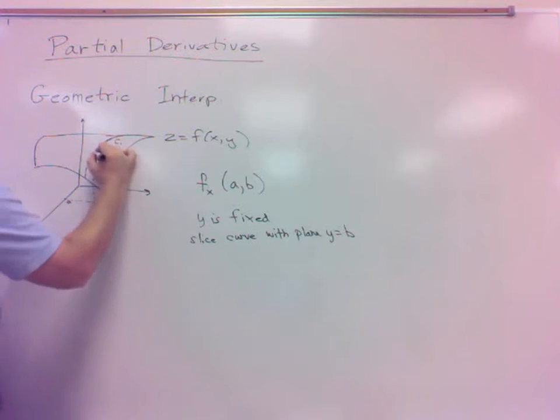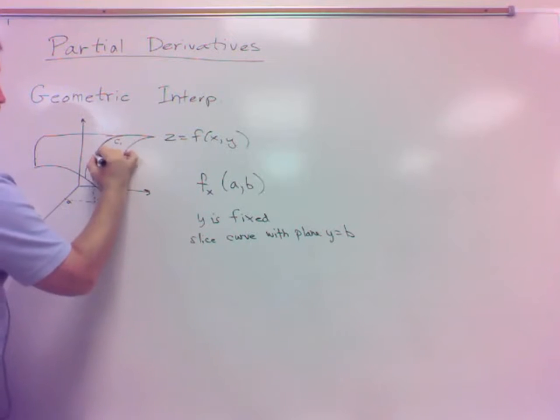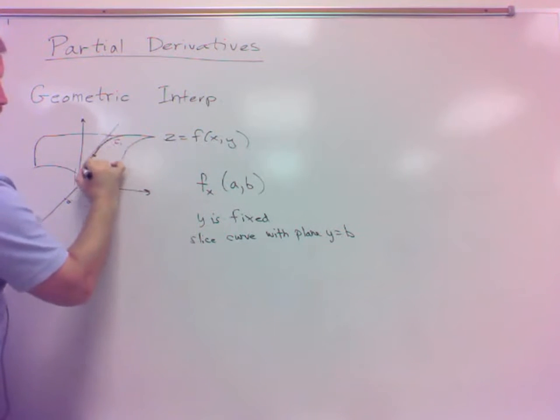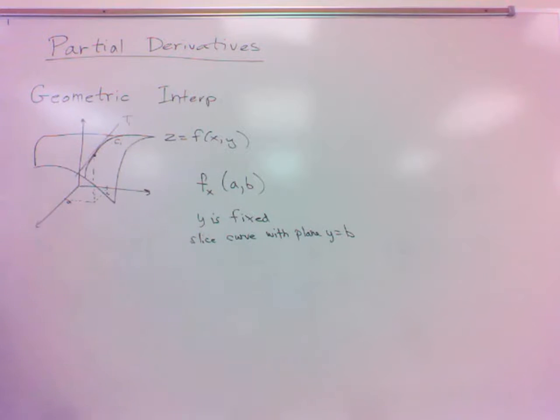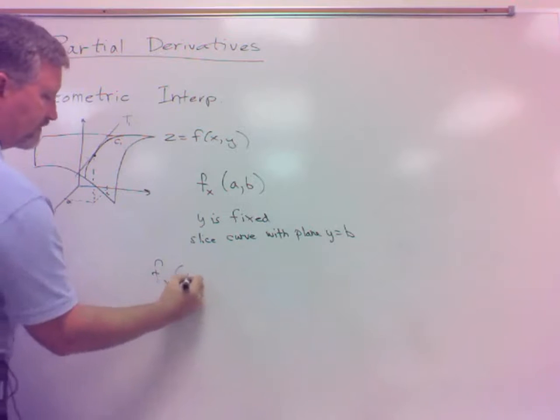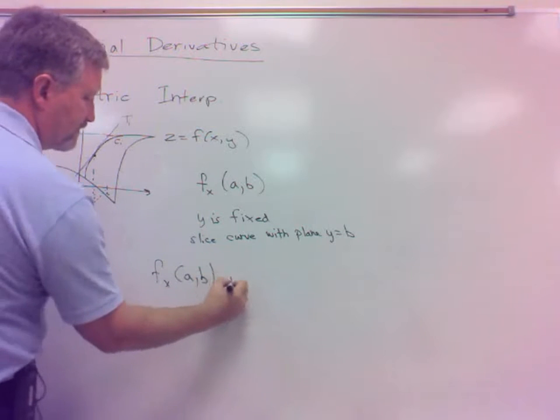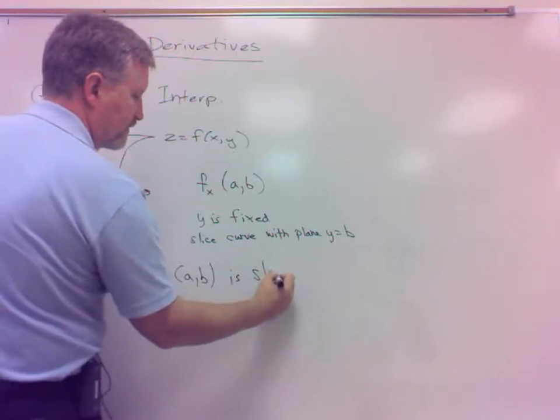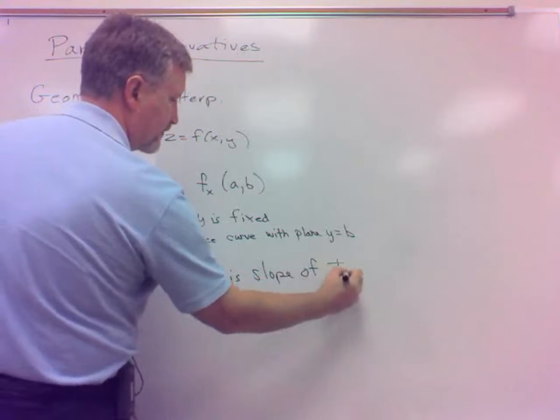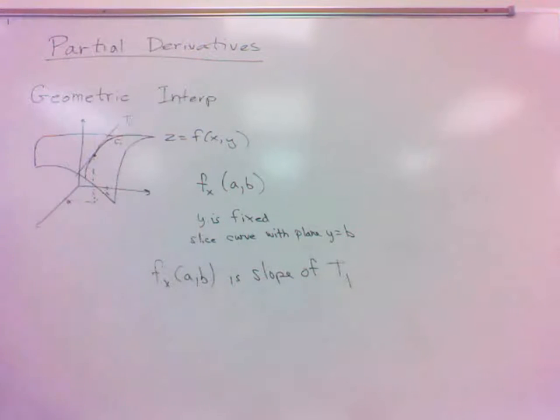And then we've got this tangent line to that curve, call it T1. It turns out the slope of T1 is your partial derivative with respect to x. So that's what it means, okay?